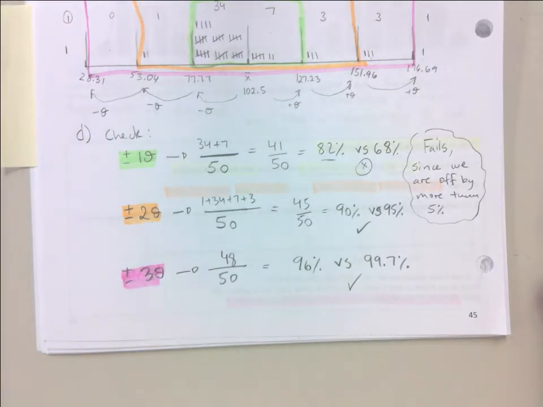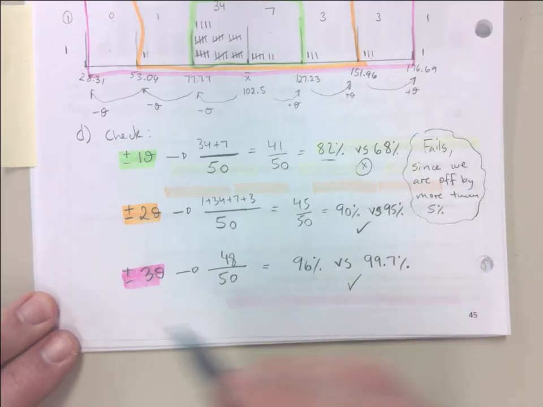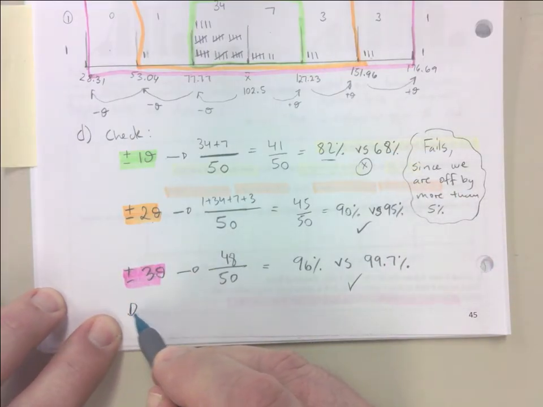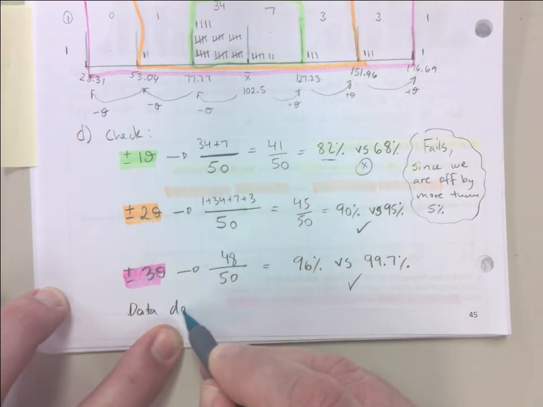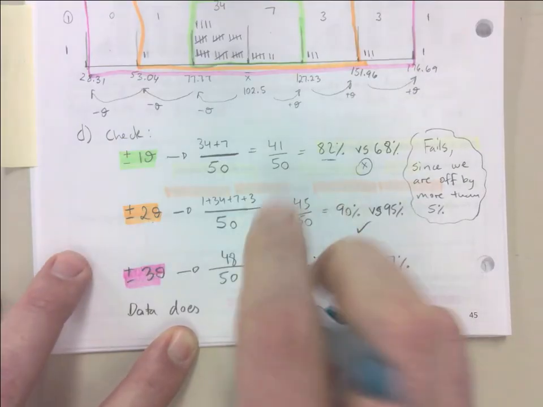So the ultimate answer is it does not follow a normal distribution because of this, okay? I will say this: data is not normally distributed.